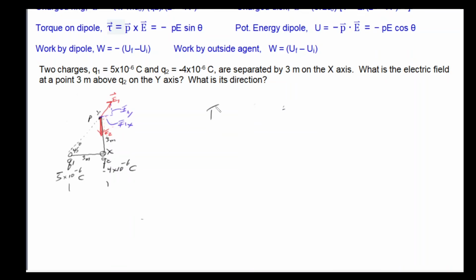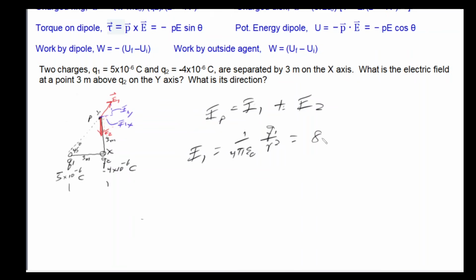So we know the electric field at P is equal to the electric field due to Q1 plus the electric field due to Q2. So let's start with finding the electric field due to Q1. The electric field is equal to 1 over 4 pi epsilon sub 0 times Q1 over r squared.